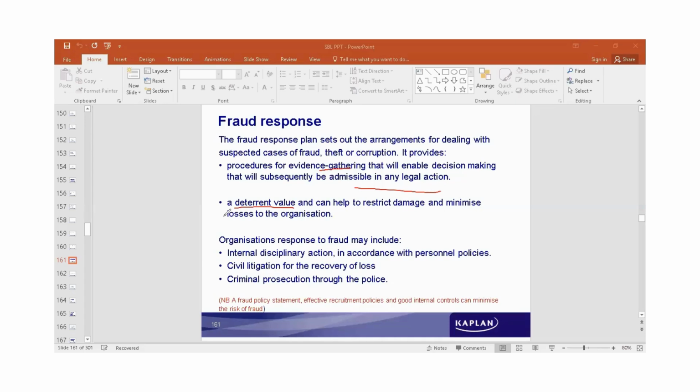But there should be a serious response. So internally, their policies and procedures have consequences if someone is found guilty of being involved in a fraud. If there are policies and procedures, act according to that. So decide what should happen next. Some kind of civil litigation can be taken up to recover any loss that was identified, or prosecute them based on the criminal procedures.